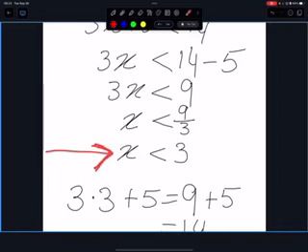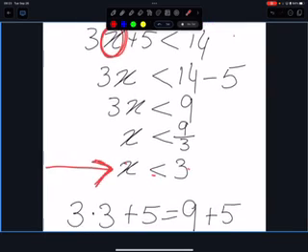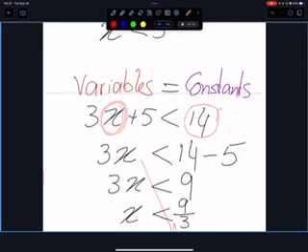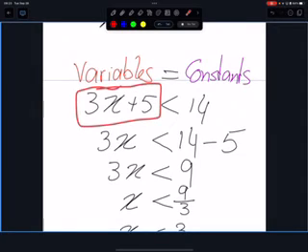The answer states when x is less than 3, then it's less than 14. When x is less than 3, then my answer is also less than 14. You have to understand the language that is written. 3 multiplied by x plus 5 is less than 14.